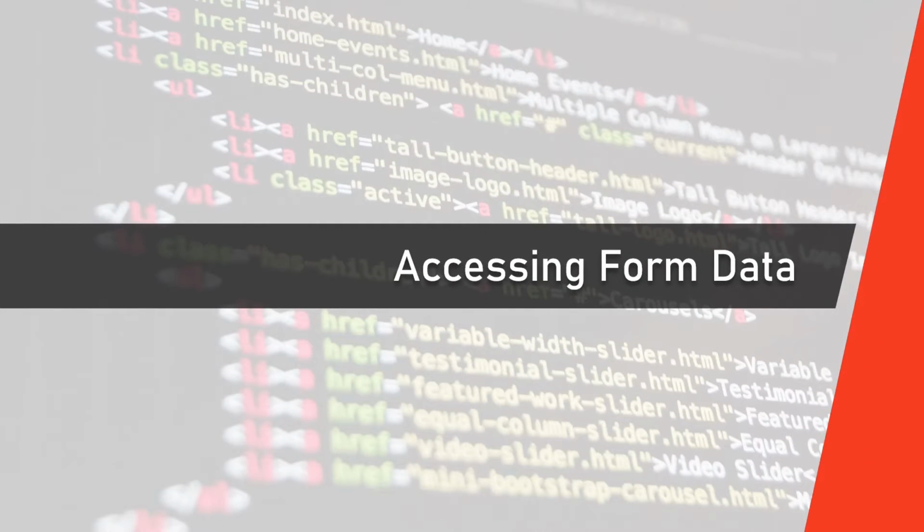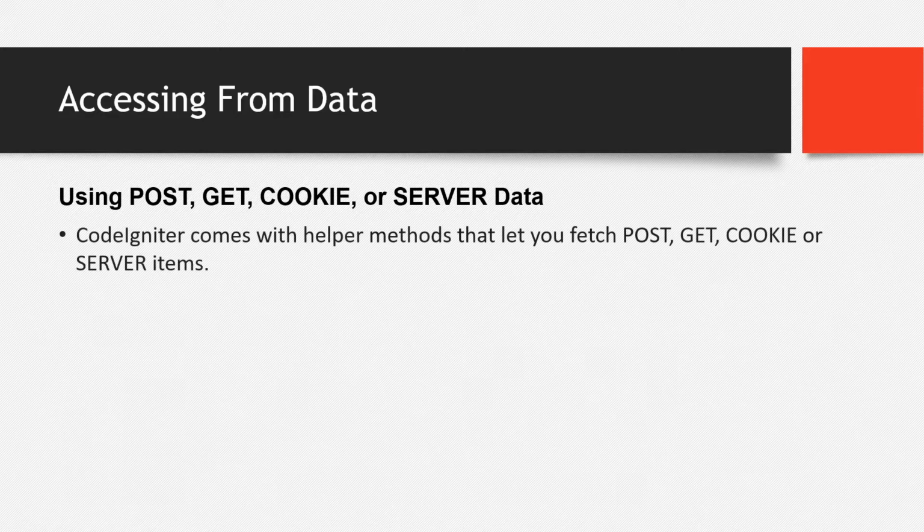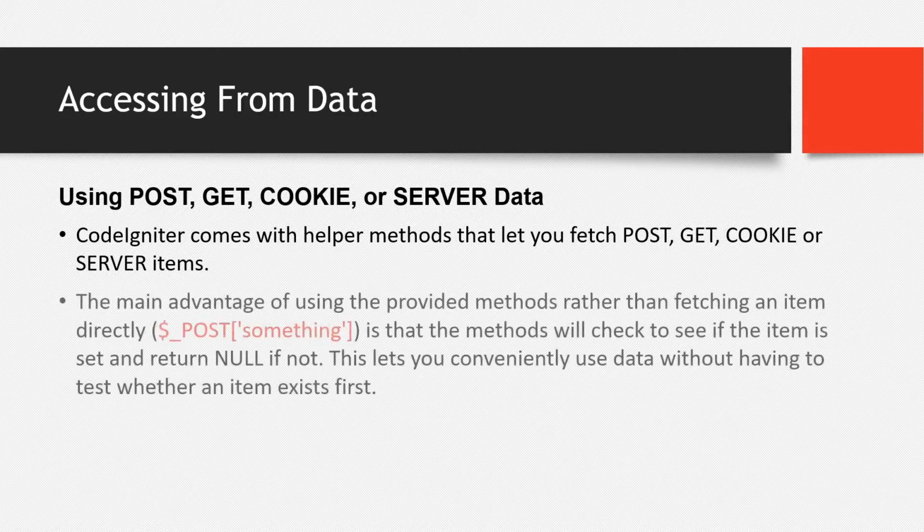Okay, now let's try to know the accessing form data. This is the one that we talk about, yung sinasabi kong $_post. This is the one. Okay, so let's try to check it out. So using post, get, cookie, or server data. So CodeIgniter comes with helper methods that lets you fetch post, get, cookie, or server items.